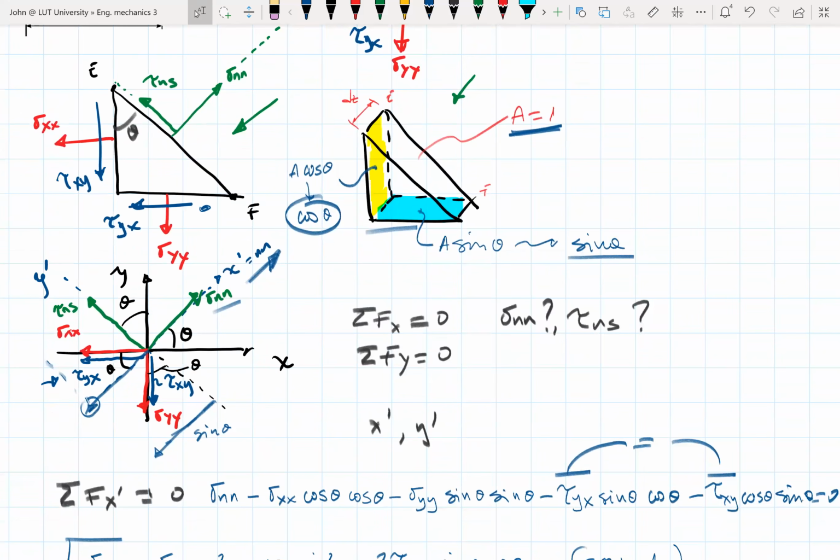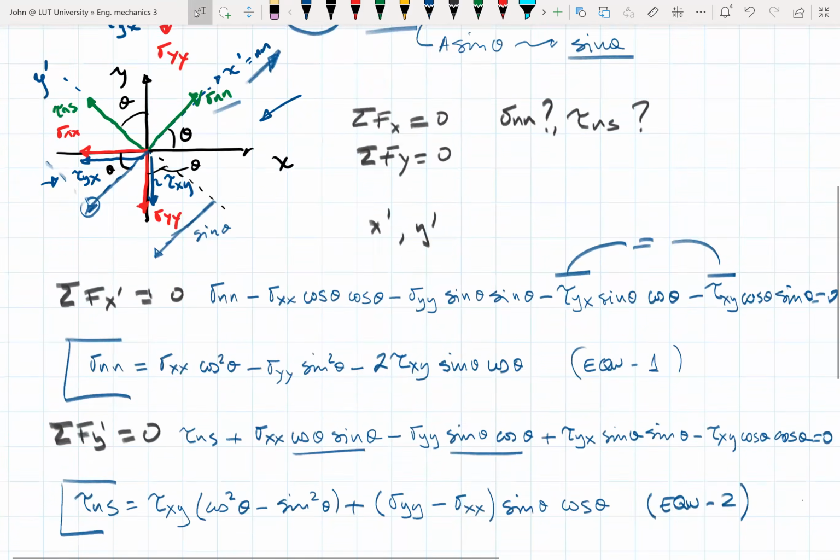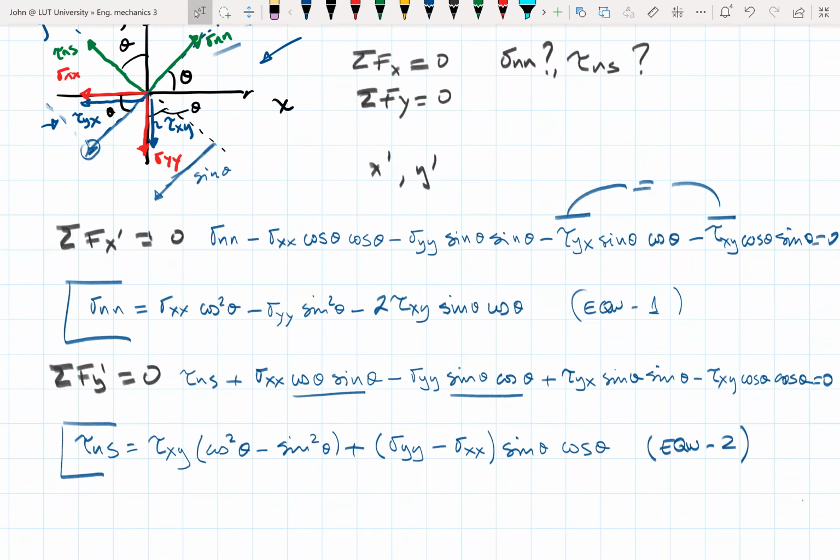We cut the plane, drew our normal and shear stresses, then represented them on a different Cartesian coordinate system to look at it better. Finally, we postulated the equilibrium equations to get the values of the normal stress and shear stress acting on this inclined plane.